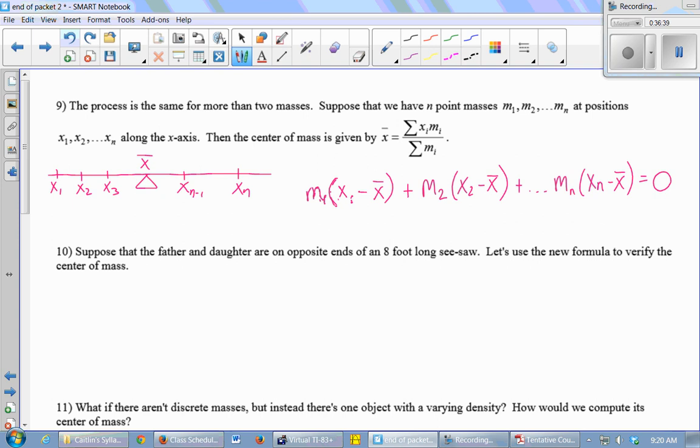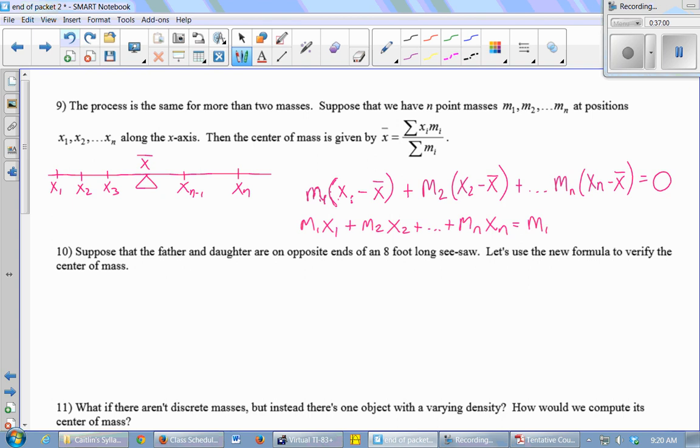I'll show you. m1 x1 plus m2 x2. Right, so that's what you get when you distribute the m's to the first term in parentheses. And when you distribute to the other term in parentheses, it's going to be negative, and I'm going to add it to the other side.